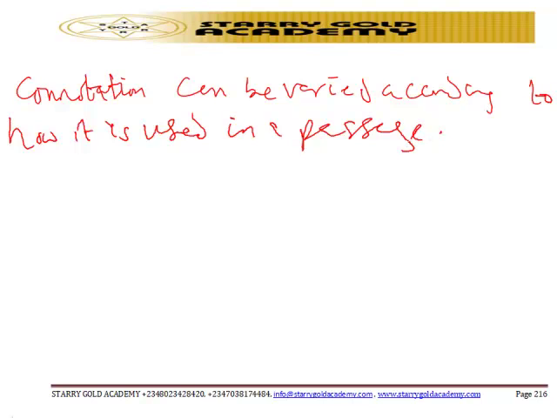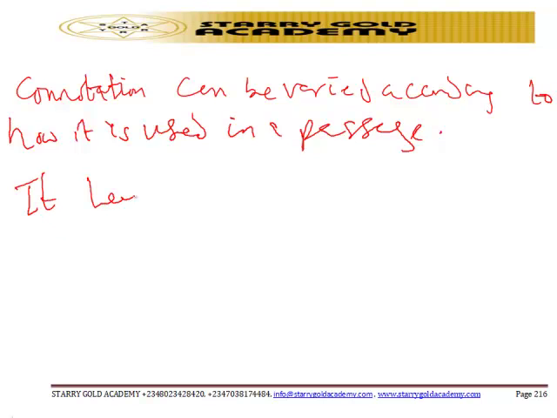How it is used in a passage matters because it goes beyond the dictionary meaning. Now, you may see in this sense, a connotation itself is the one that leads to figure of speech.